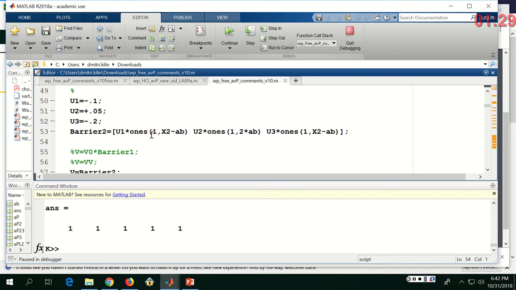And then the rest will also be the right amount of grid points, so that the whole length of the vector will be the same length as the grid points in our x. Okay, and then each of these is multiplied by constants, which determine reactant, barrier, and product.